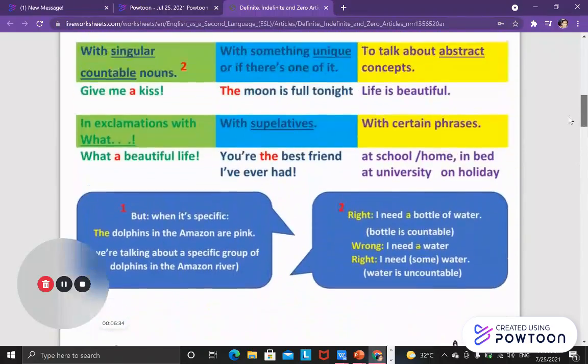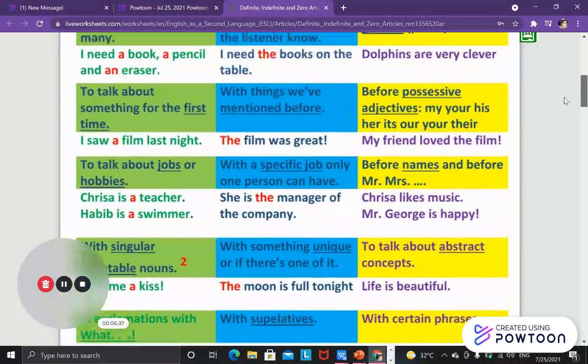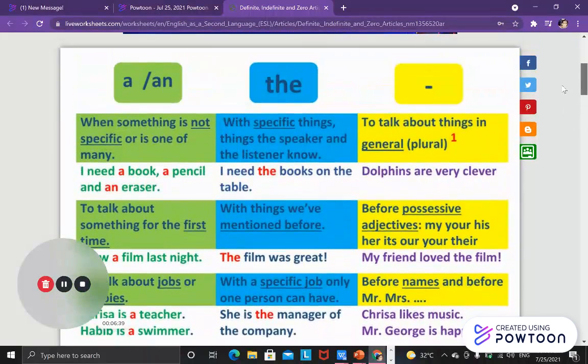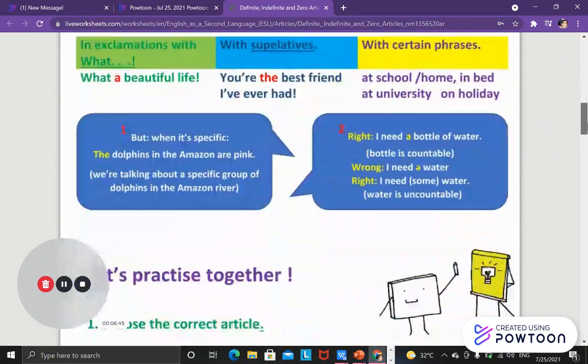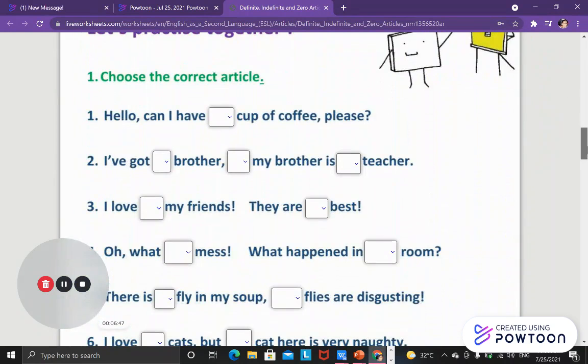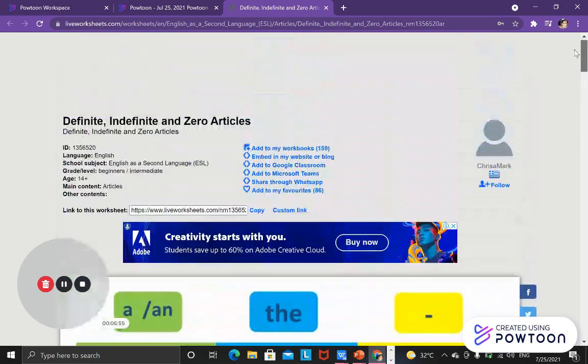If you understand the lesson, you will have no problem answering it. It's on "a", "an" and "the". This dash means the zero article. You put the article when it's necessary, and if there's no article, you choose the dash.